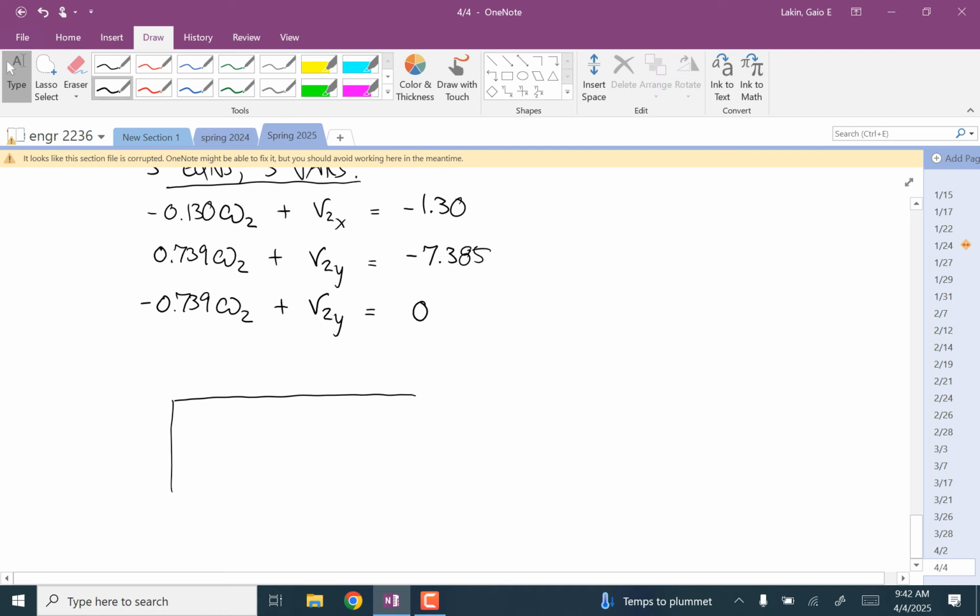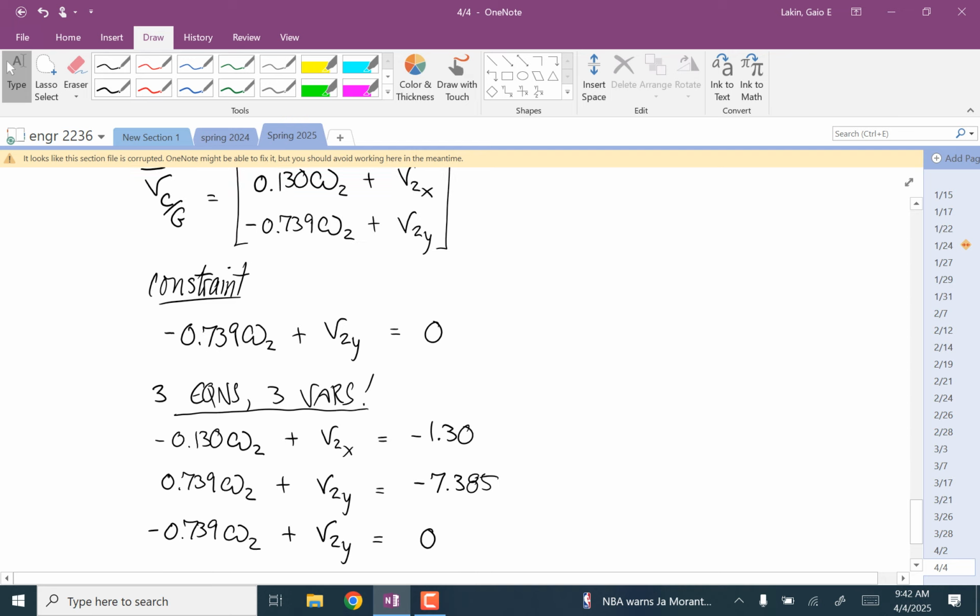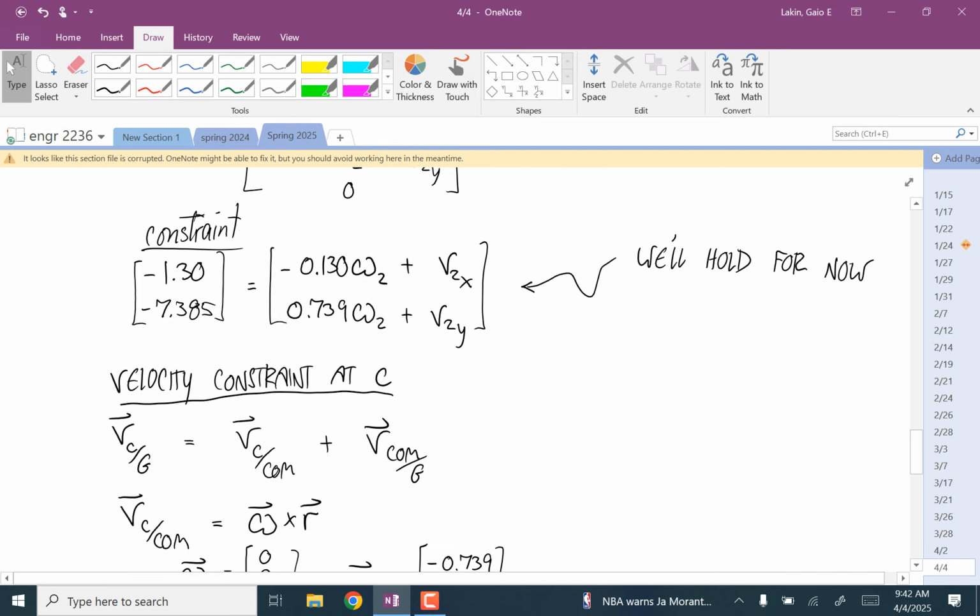So just to clarify, these three equations would replace the last three equations from that. No. The whole problem that we did was assuming that omega was equal to 0, that this thing is instantaneously at rest.